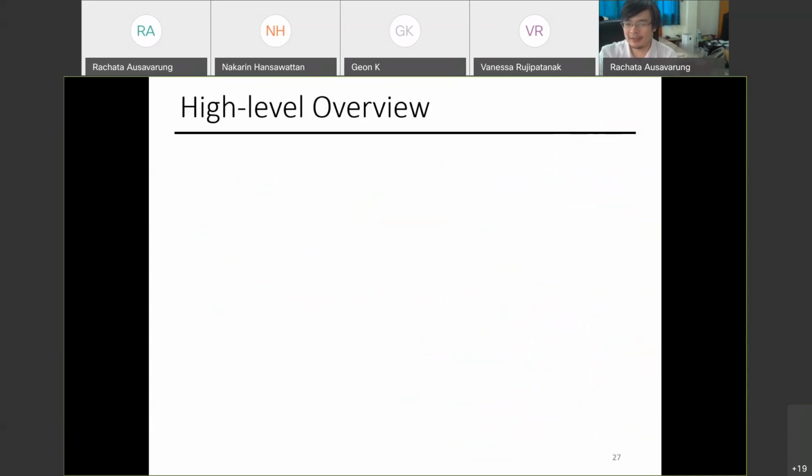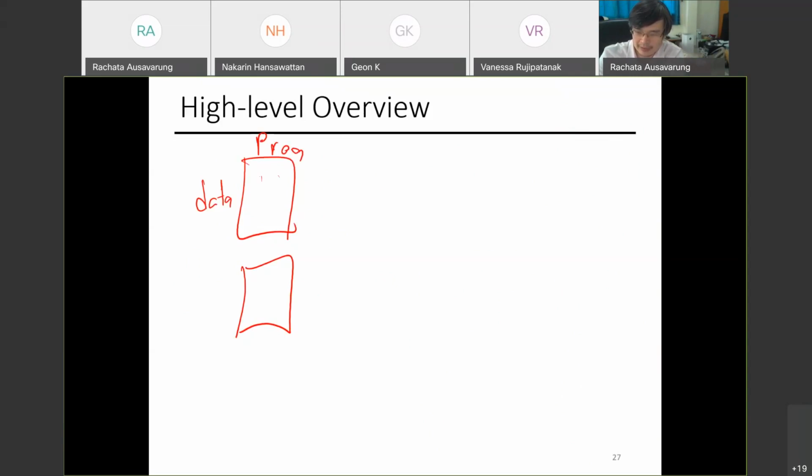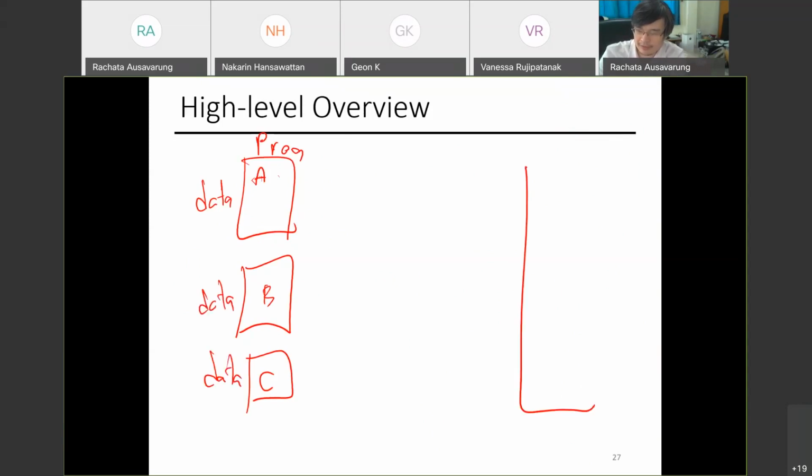A quick high-level overview of virtual memory is, let's say you have multiple programs, right? These are the data in the program. Program A, program B, program C. You have DRAM, that's one piece of physical memory. You have this virtual world.